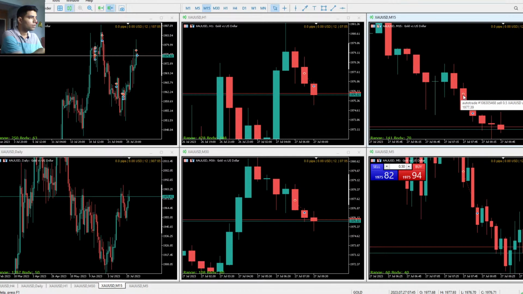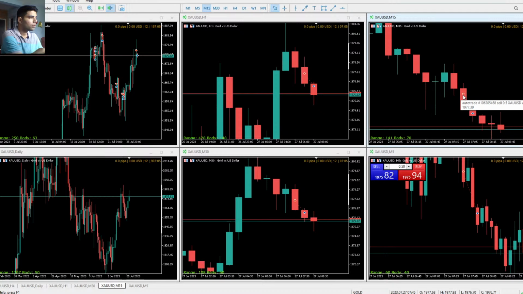So guys, price moves in waveform. This is a very nice example. Price moves in waveforms, like down and up, minor counter trend, then trend, then minor counter trend, then trend.